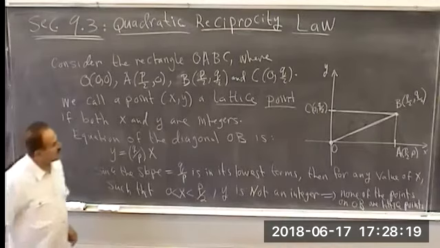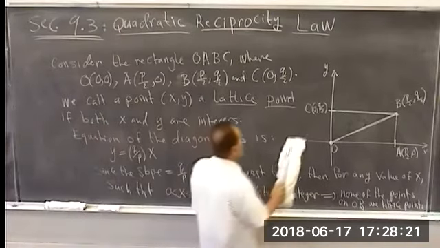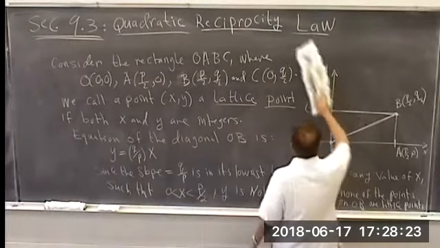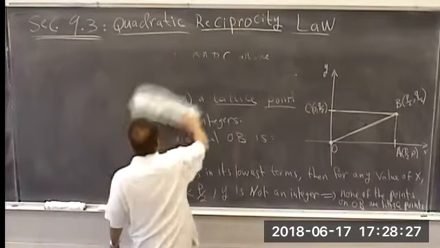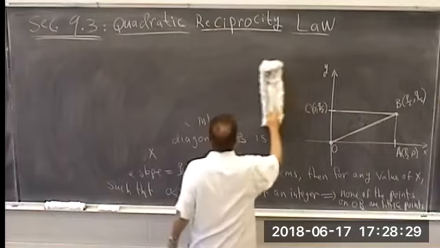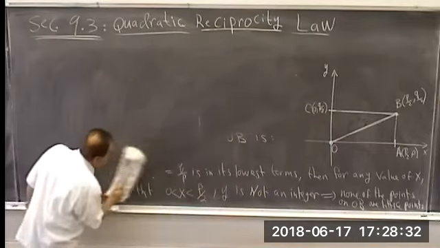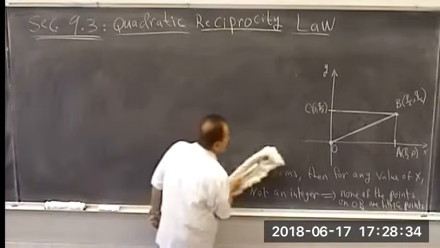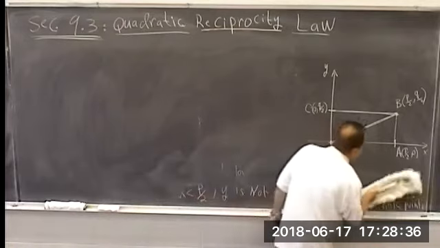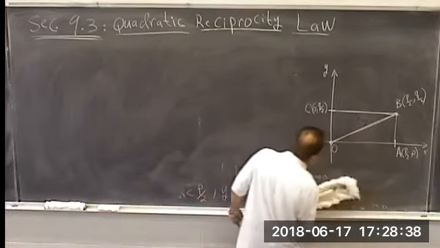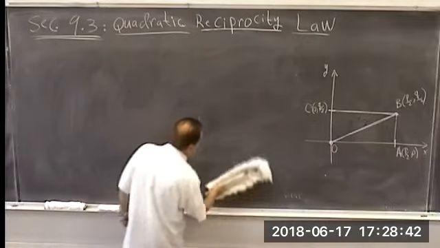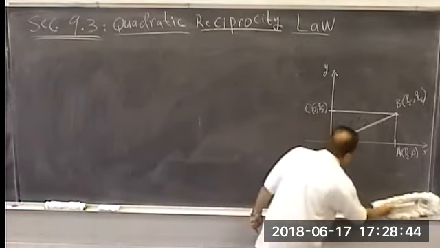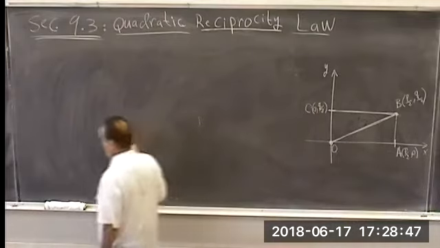But now we're going to divide this rectangle into two triangles, and count the number of lattice points inside these two triangles, because these are the only lattice points. I don't want to consider the boundary, only inside the rectangle.